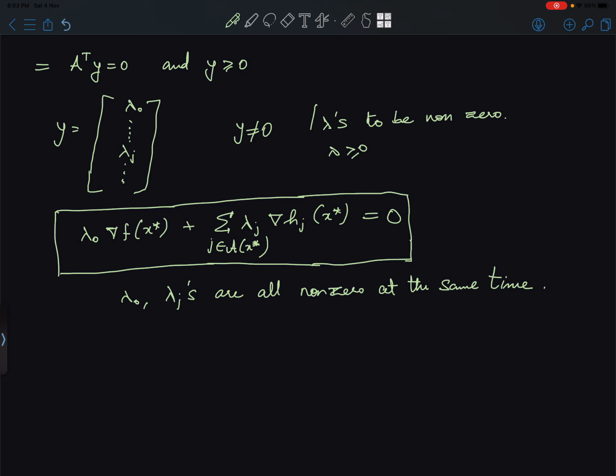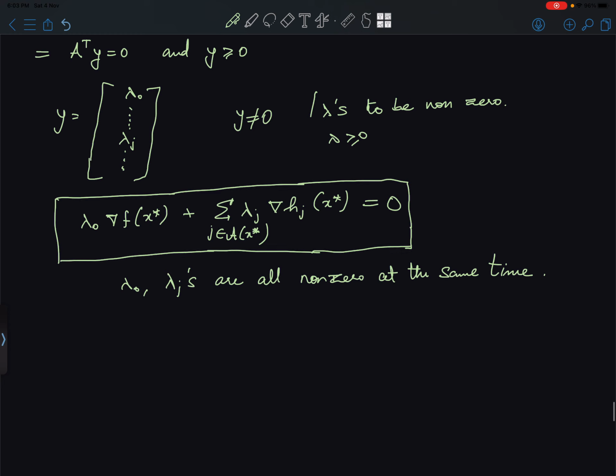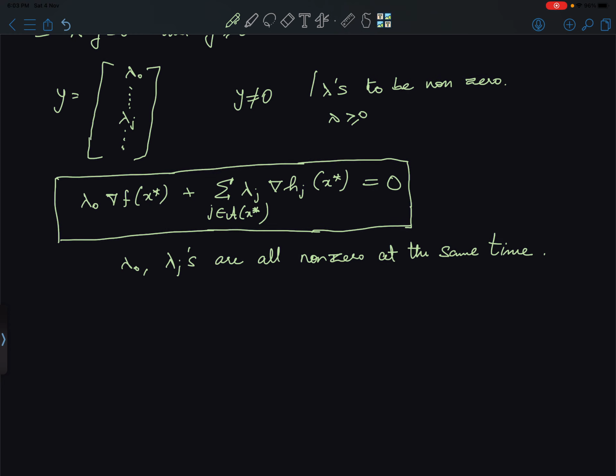Fine. So what I want is that my gradient vectors are linearly independent at any point.